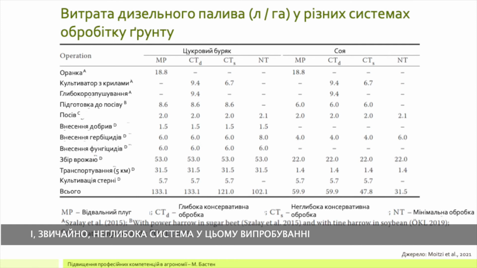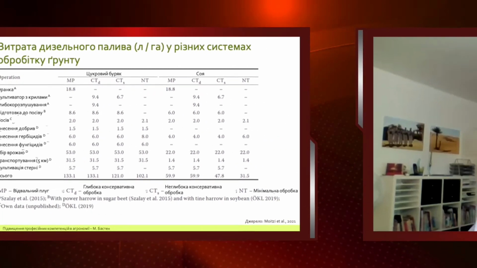And of course, a shallow system in this trial has contributed to a reduction of fuel consumption. Somehow a similar picture as the previous result, but the savings don't look that promising compared to the previous one. And that might be because of the local conditions.